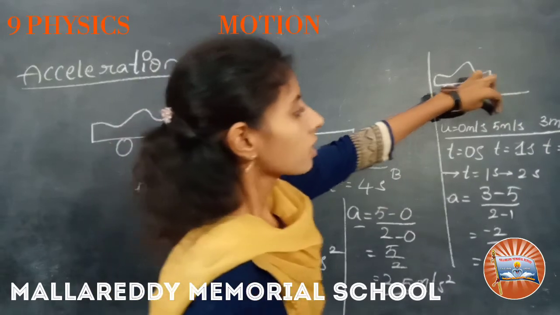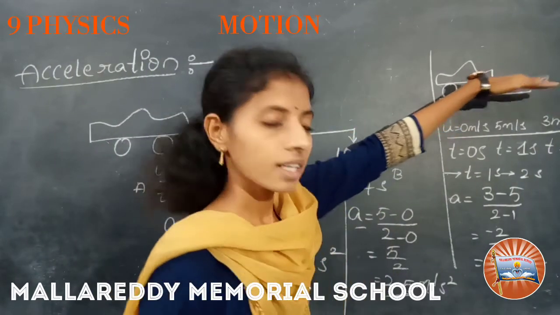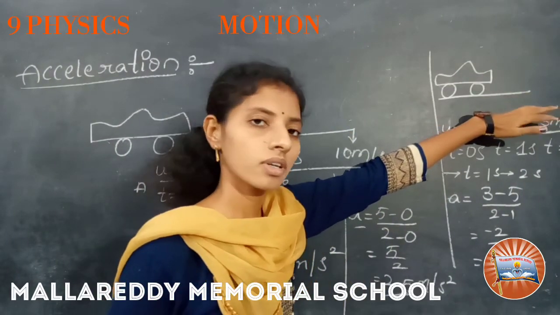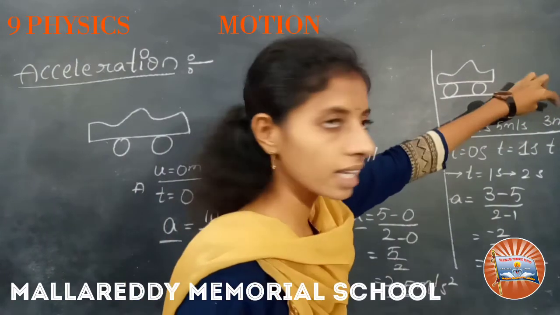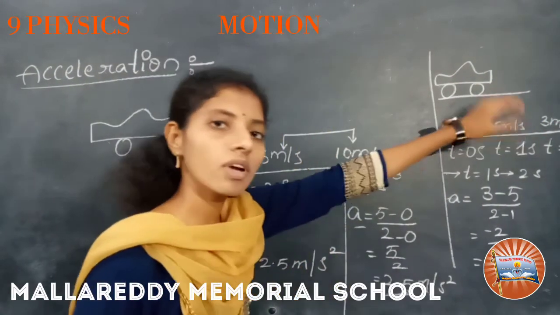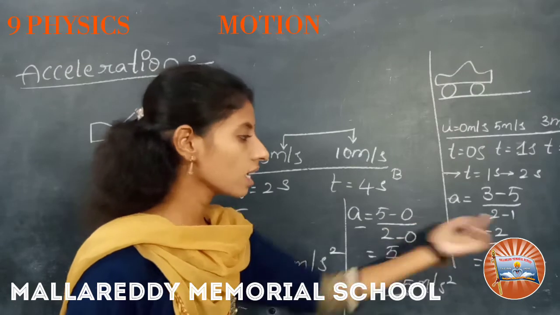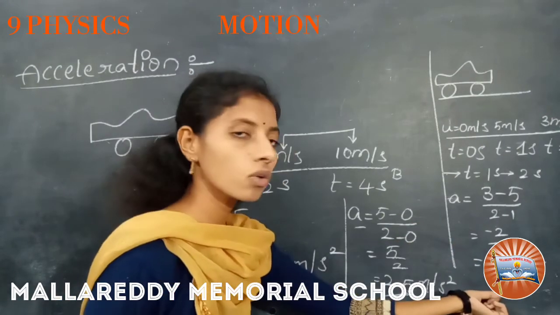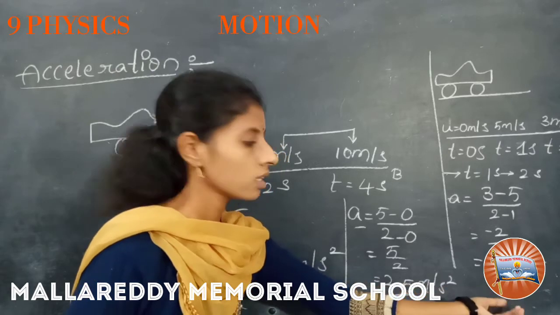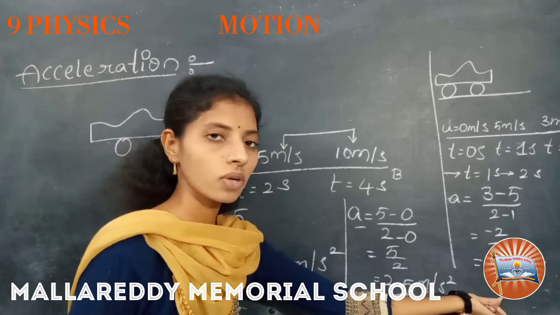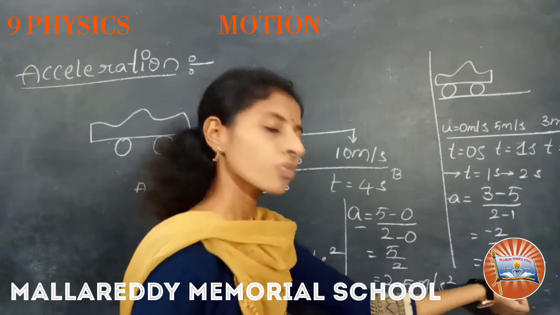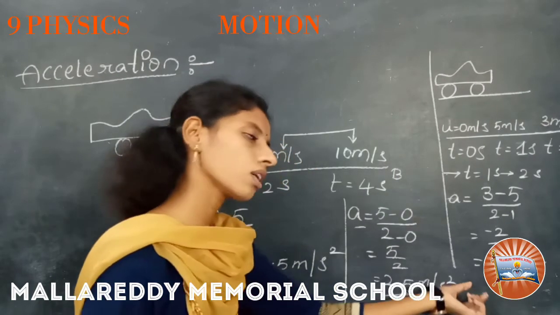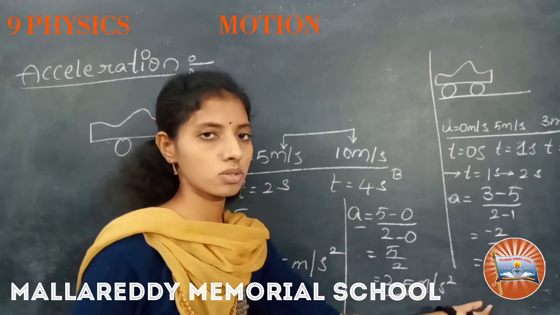So here the velocity has decreased. When the velocity decreases, we get negative values. That we call deceleration. Okay, so we call that deceleration here, or we can also call it retardation.